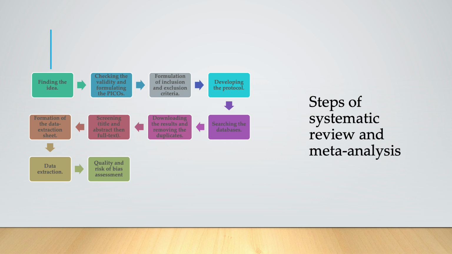There are many tools, but the latest updated is the Risk of Bias 2 Cochrane tool, and this is used for RCTs. Analysis is mostly by RevMan, and there is also another type of program for analysis. And then final manuscript writing, there are criteria to write the manuscript. We'll talk about it in a separate lecture too.